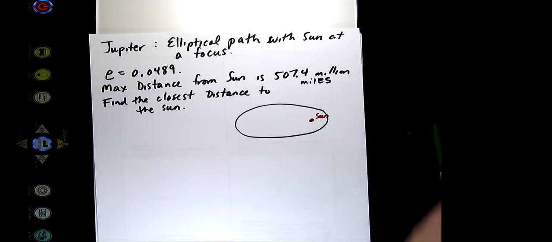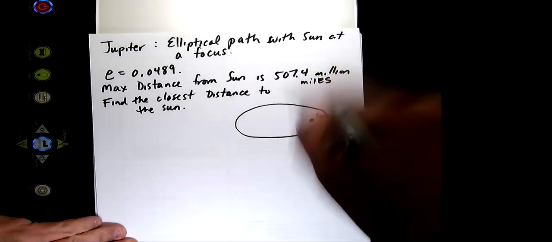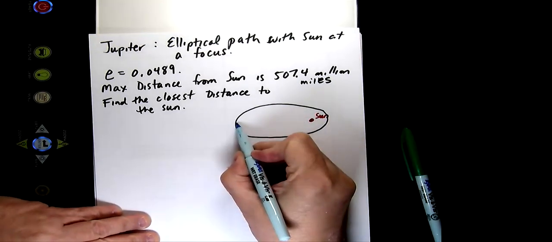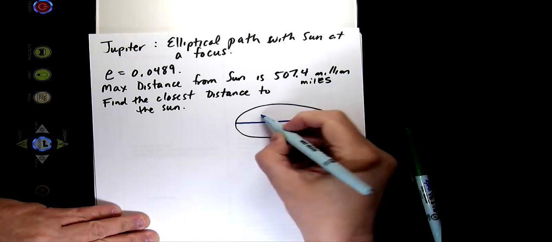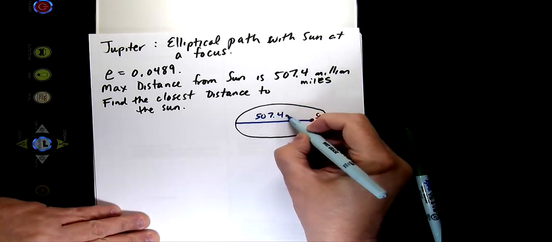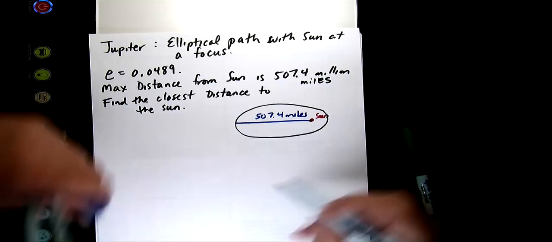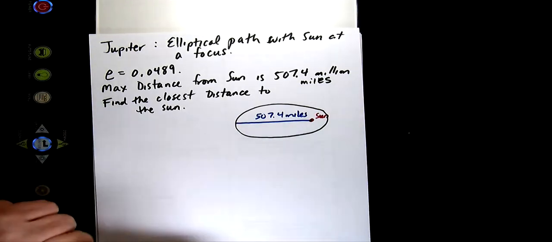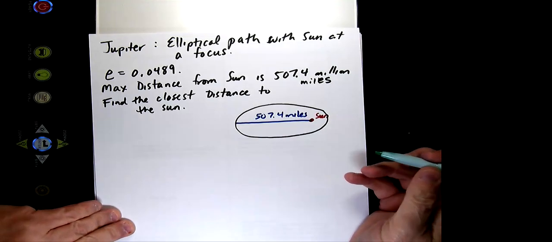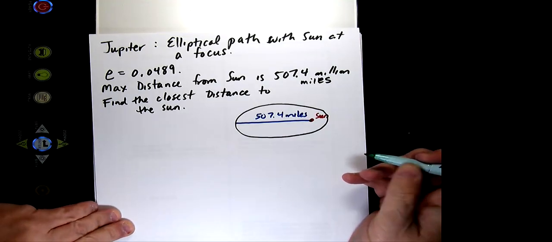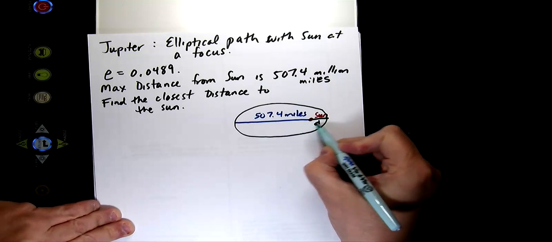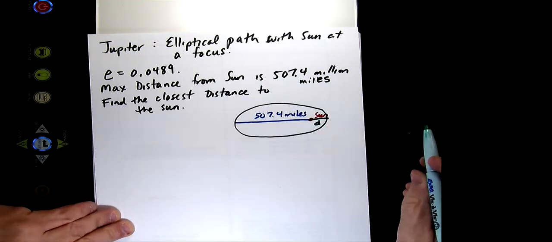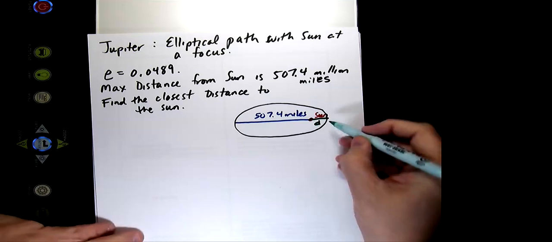In what direction is the maximum distance, the way I drew my ellipse? To the left, right? If I'd done it tall, it would have been up. But this distance right here is our max distance. That's our 507.4 million miles. What distance are we trying to find? We're trying to find that one. That's the shortest distance. That's our goal.